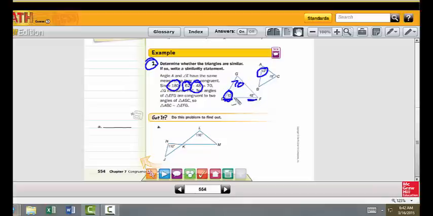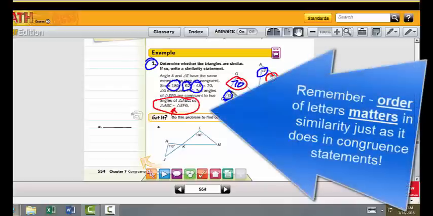Once we have that, we have another angle right here, 70 and 70, and therefore we can prove that these two triangles are similar because they have at least two angles that are congruent. So we can say that triangle ABC is similar, remember the similar symbol, to triangle EFG.